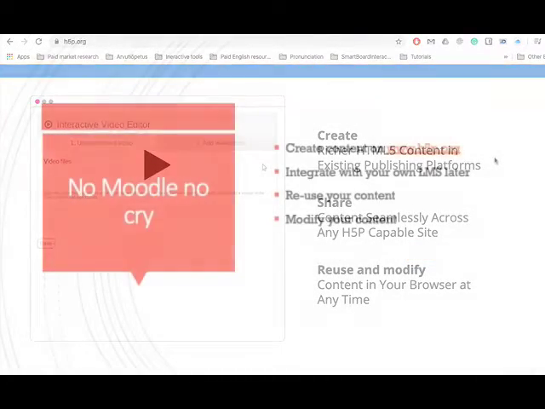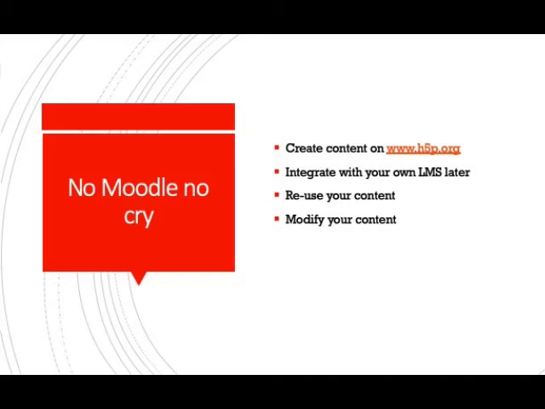For example, if at the moment you don't have access to Moodle or any WordPress learning management site, you can just keep creating interactive content using the h5p.org website, and when your school or your university or your personal Moodle website becomes available, you can easily import that content there.